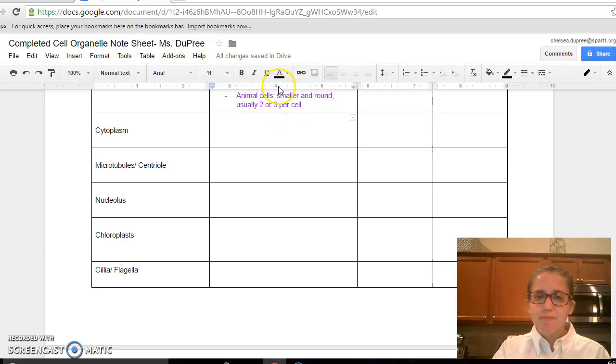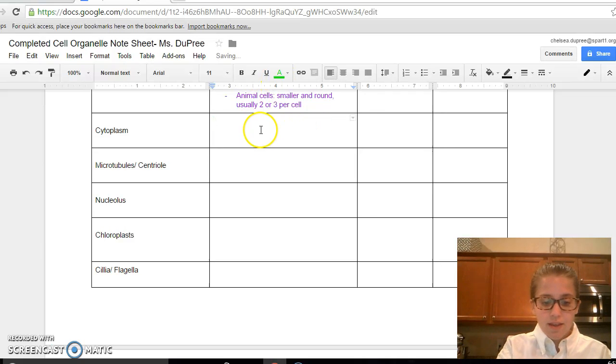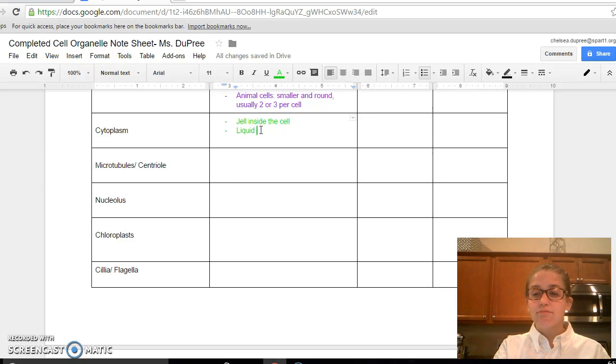Cytoplasm. Now, the cytoplasm is the gel inside the cell. Okay? He is the liquid, and he really is gel-like. It's not like water. It's not like a soda.